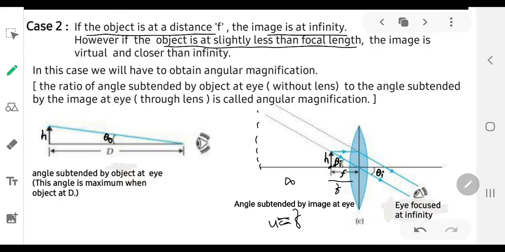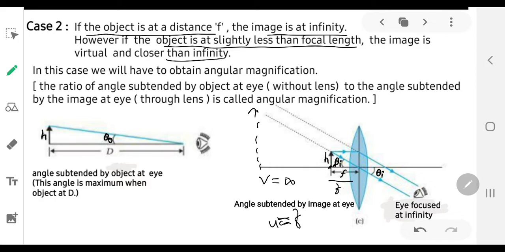If the object distance is slightly less than focal length, the image formed is nearer to infinity, not exactly at infinity, so approximately you can take it as infinity. And what is the nature? An erect image.